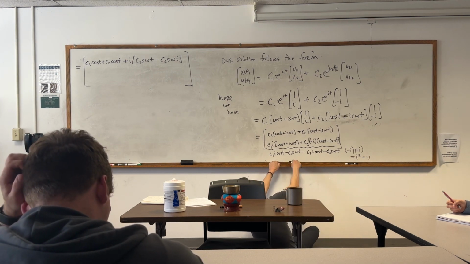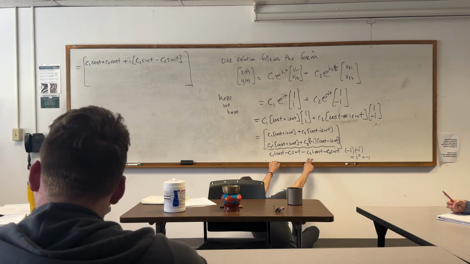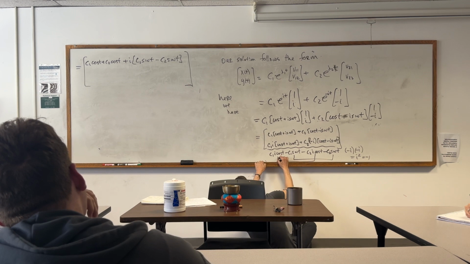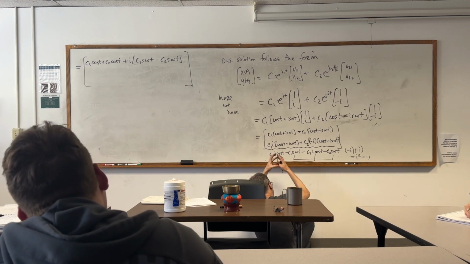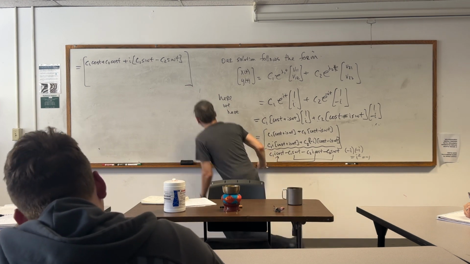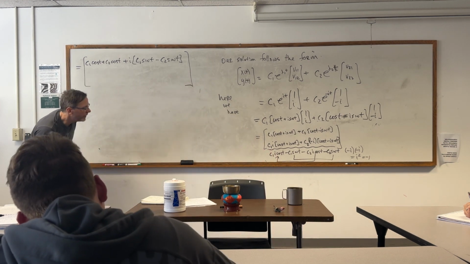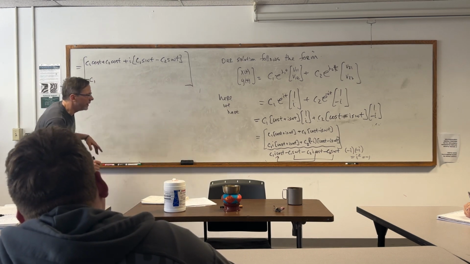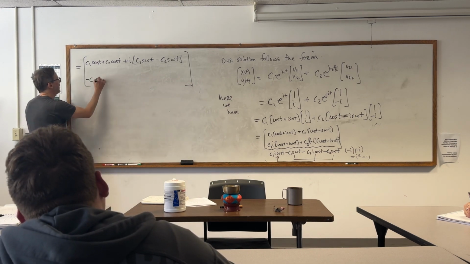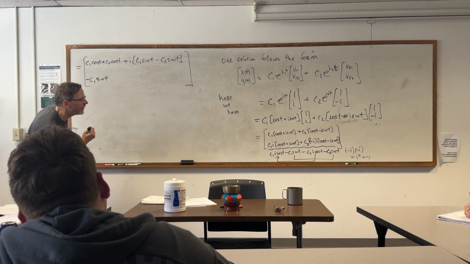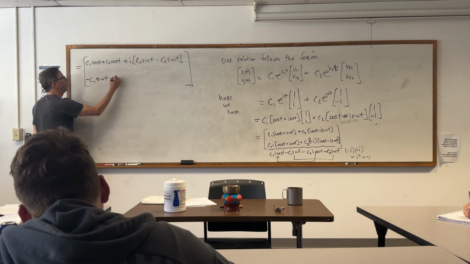And I'm going to play the same game. I'm going to pull this stuff together, just the real stuff. So this guy and this guy go together, and this guy and this guy go together, because i's mix, real stuff mixes. So what we'll get is minus C1. Let's just put it together. We're going to do one more move, and then we'll be done. Minus C1 sine minus C2 sine.